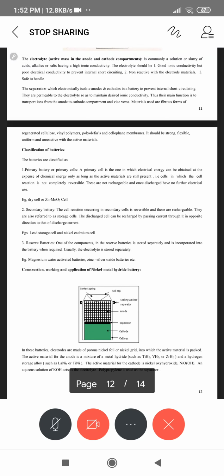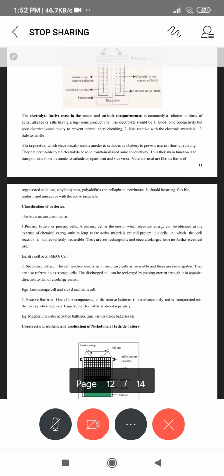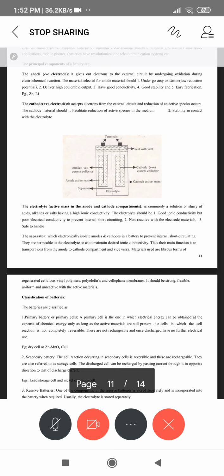Of course, this is the device. In that, instead of taking just the anode and cathode, we take anodic and cathodic species.